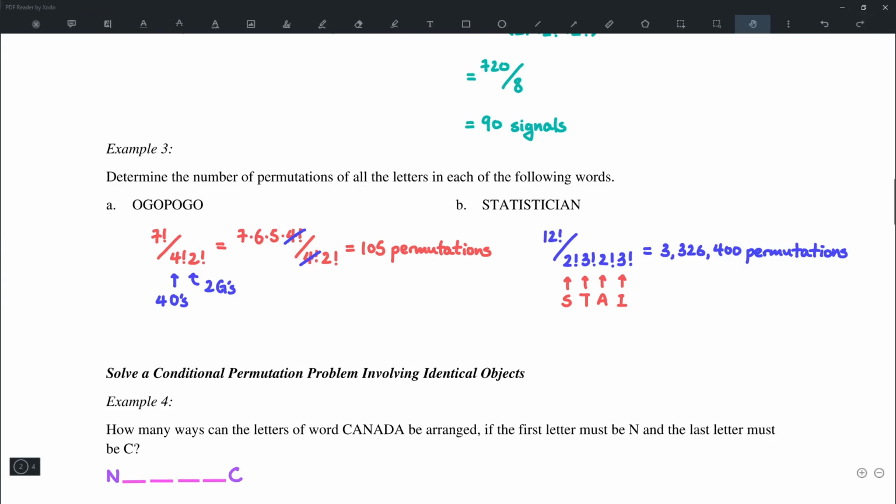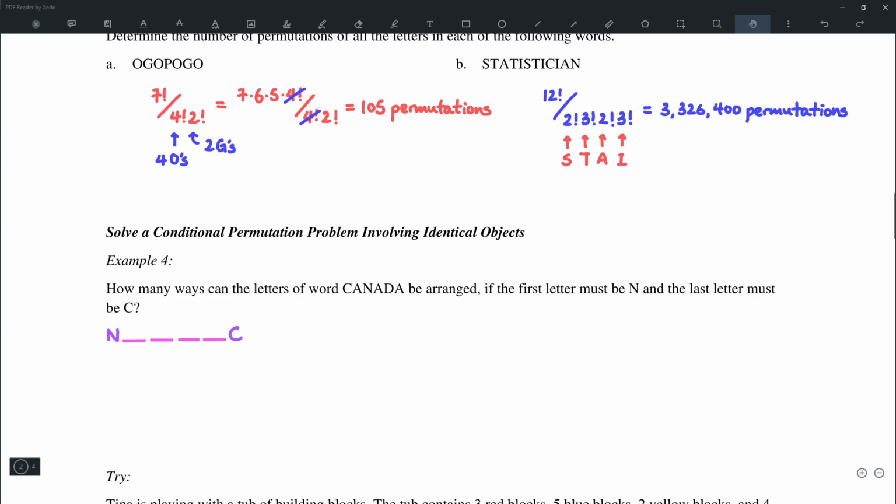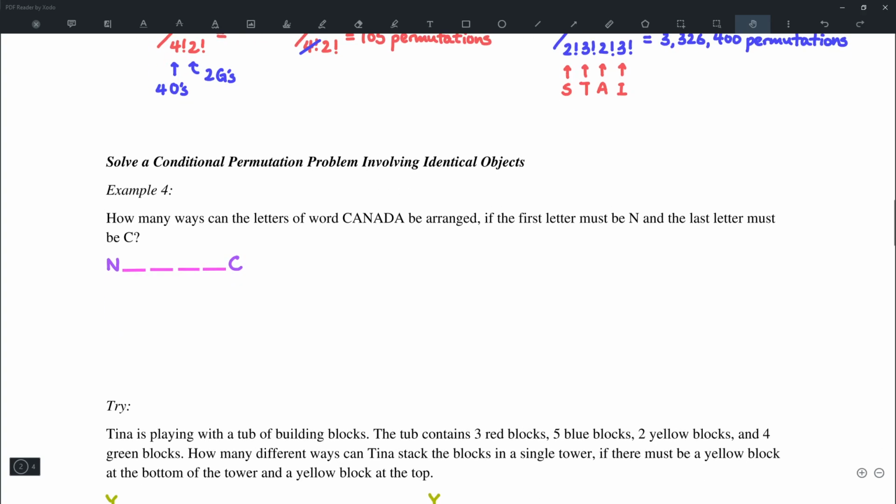Okay, next we're going to add some conditions to the permutation problem. So first one, we have the word Canada, and the first letter must be an N and the last letter must be a C. So there are 4 letters left over.